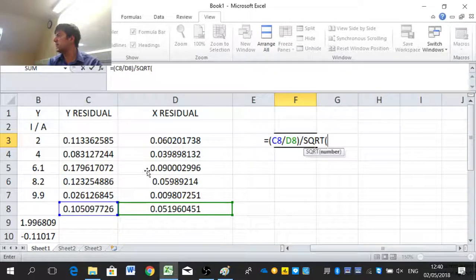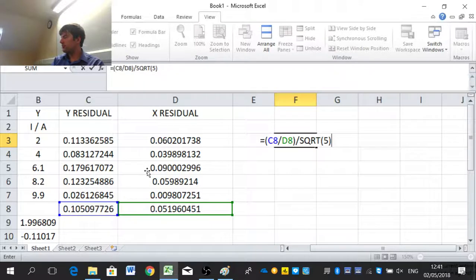How many points do I have? 5. SQRT, square root.